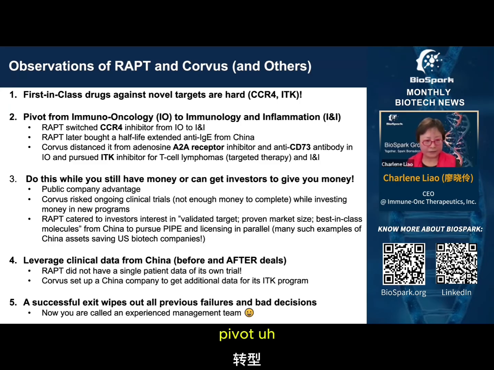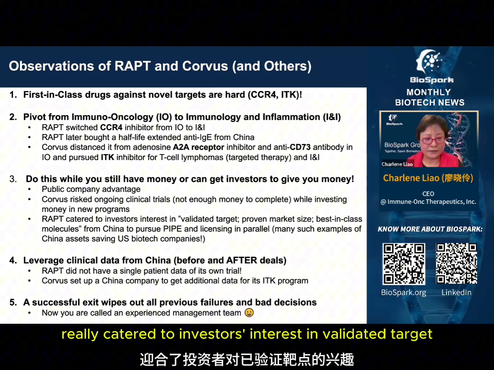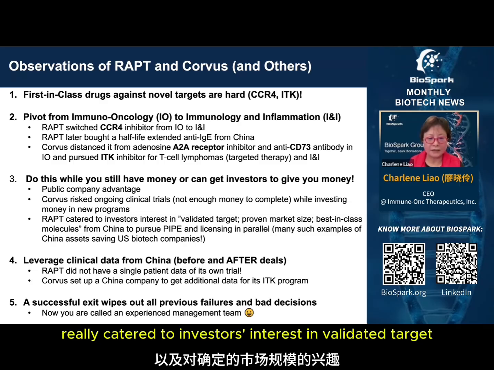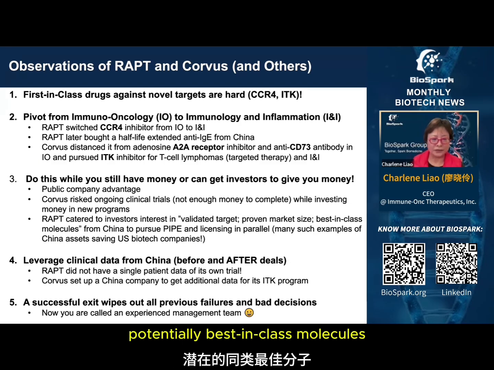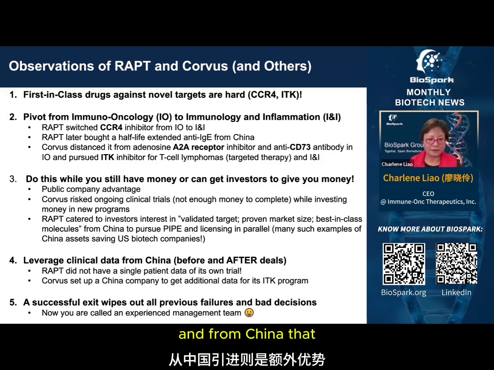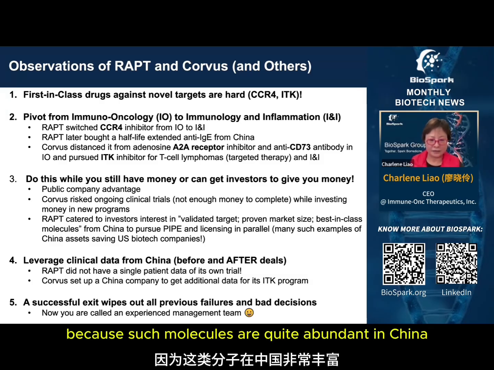their pivot really catered to investors interested in validated targets, proven market size, and potentially best-in-class molecules, and from China, that's an added advantage because such molecules are quite abundant in China.